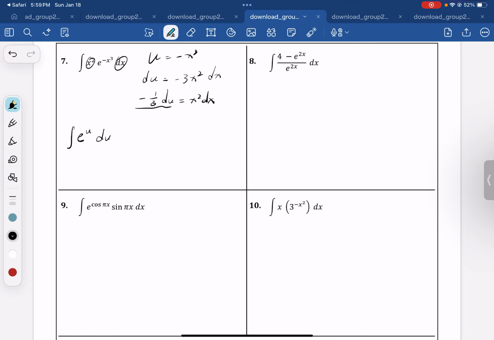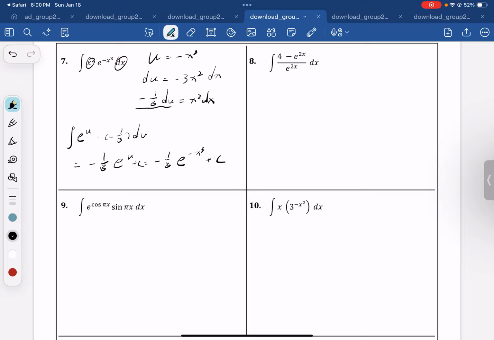Don't forget there's a coefficient of negative 1/3, so we times it, negative 1/3 du. So we got negative 1/3 e to the u, and we substitute back. What we got is negative 1/3 e raised to the power of negative x cubed plus c.